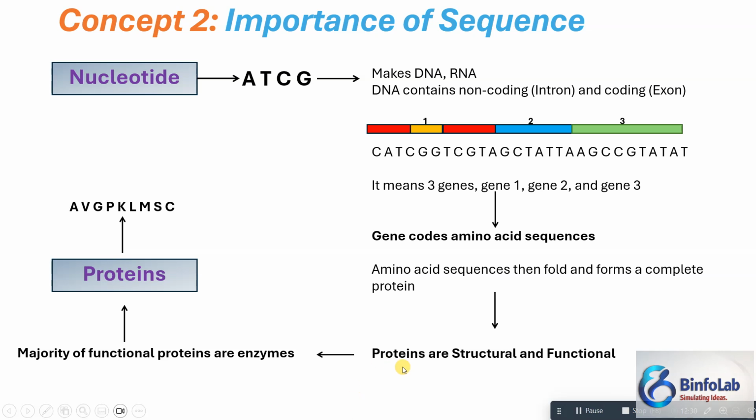Let's say here's a nail. Those proteins are called structural proteins. But there are other proteins which are not part of the structures of organs or organelles. They play a role in the different functions which take place inside the body.